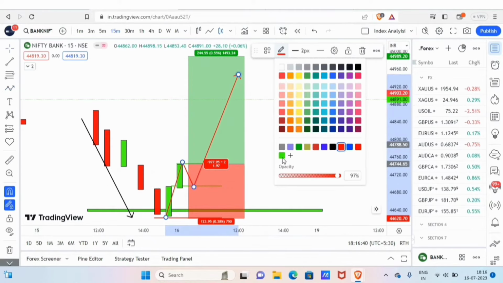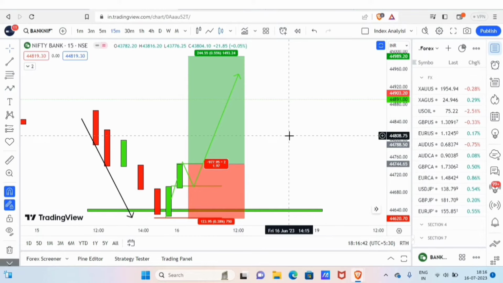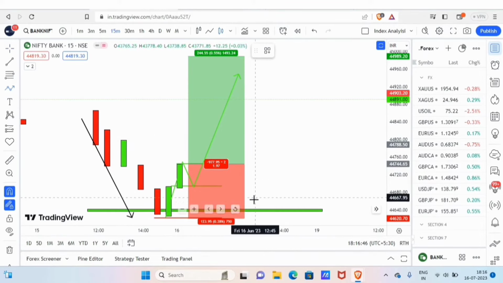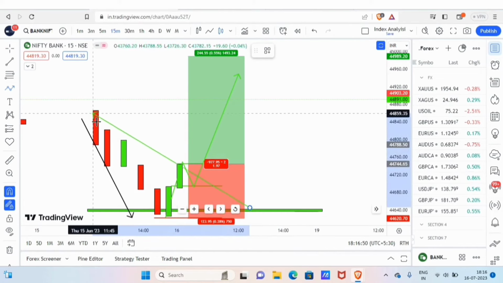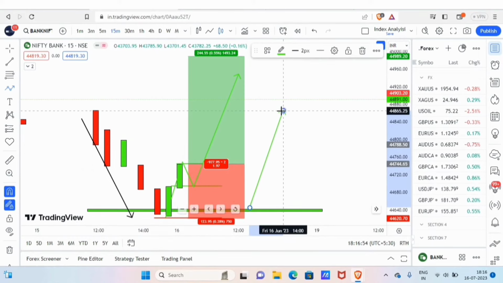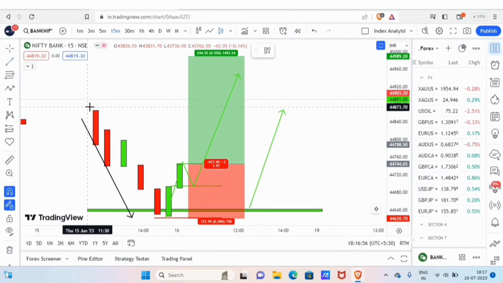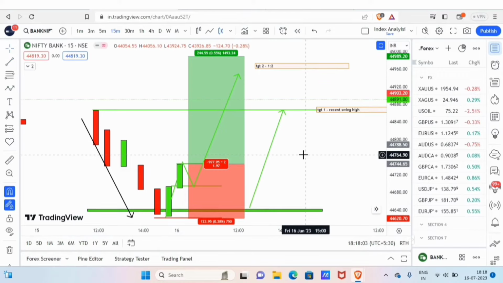And another way of fixing a target: whenever you take any trade from a demand zone, the immediate target will be the supply or the swing high at this point. So this will be the first target. You can take a screenshot of this picture or chart pattern also. This will be very helpful in Bank Nifty.